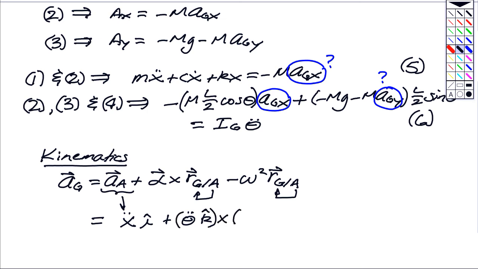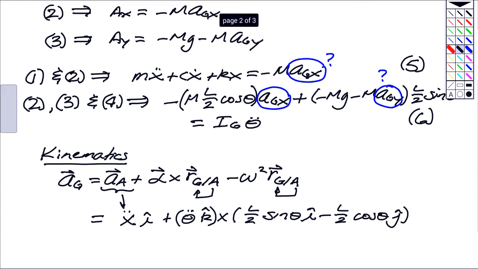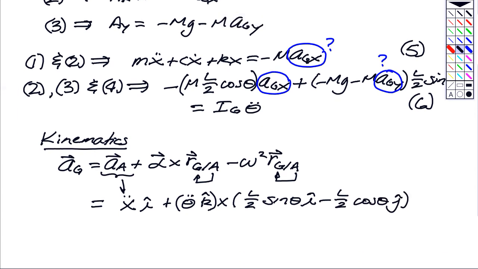The vector which goes from A to G is L over 2 sine theta in the i, minus L over 2 cosine theta in the j. And then the omega squared, that's theta dot squared, and again, A to G is L over 2 sine theta i minus L over 2 cosine theta j.